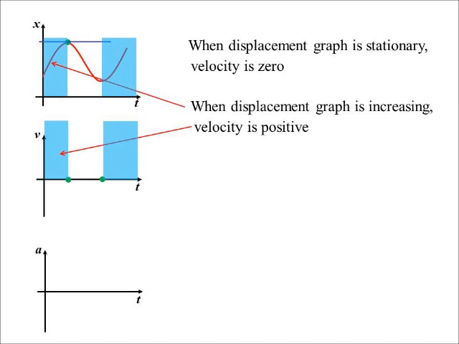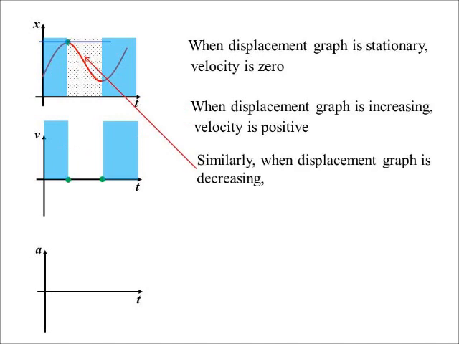And it's also going up on the right-hand side, so I also know my velocity graph will be positive over here on the right-hand side. And similarly, when it's going down, in between those two shaded areas, it's decreasing at that point, so on my velocity graph, my curve should be negative. So we're getting a bit of an idea of what this curve might look like.